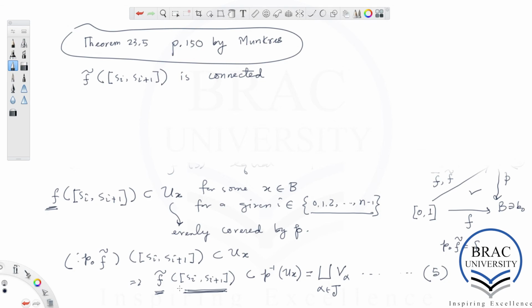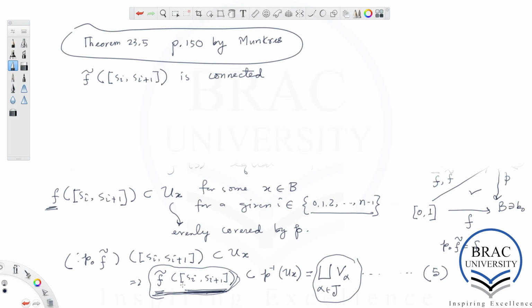Now you see that F tilde of [s_i, s_{i+1}] is supposed to be contained in the union of all these V alphas. And the V alphas here are pairwise disjoint. Since it's a connected space, it needs to be in one of the V alphas.